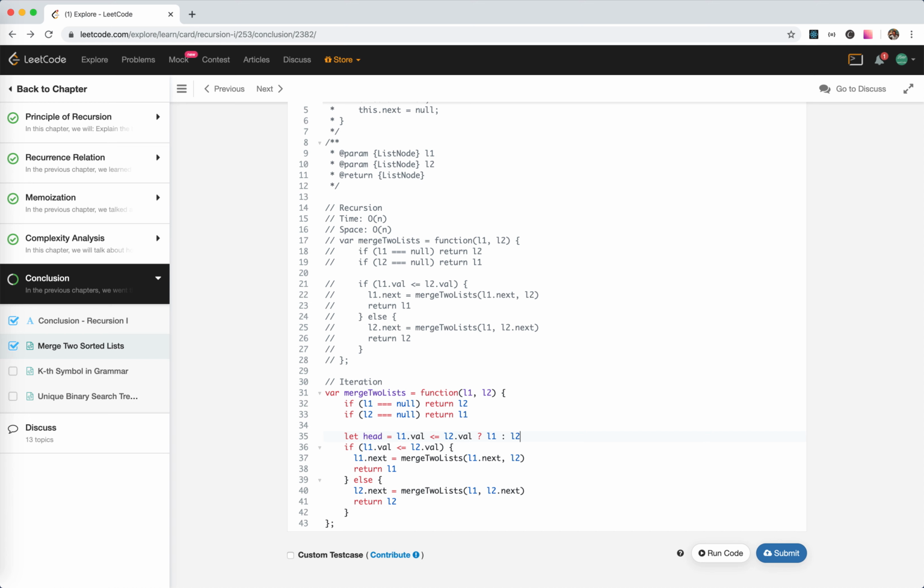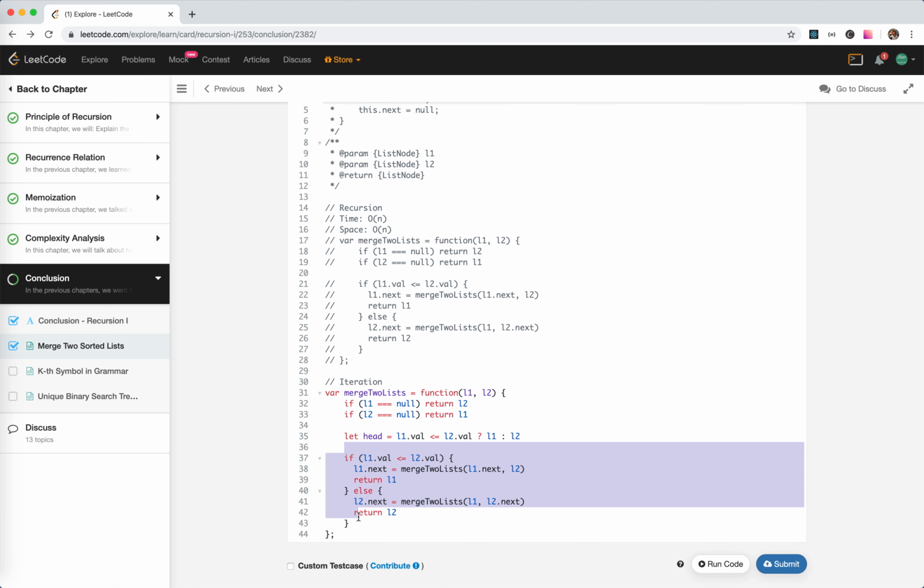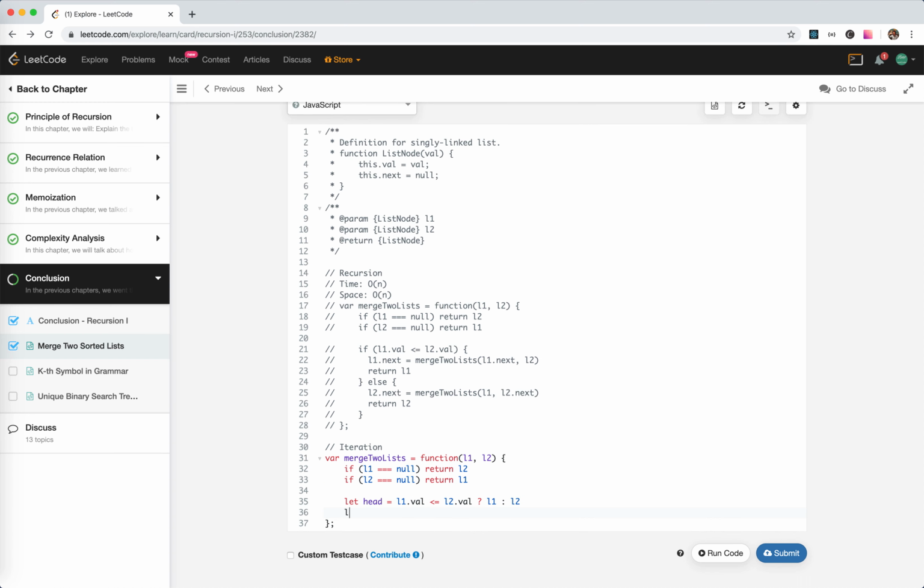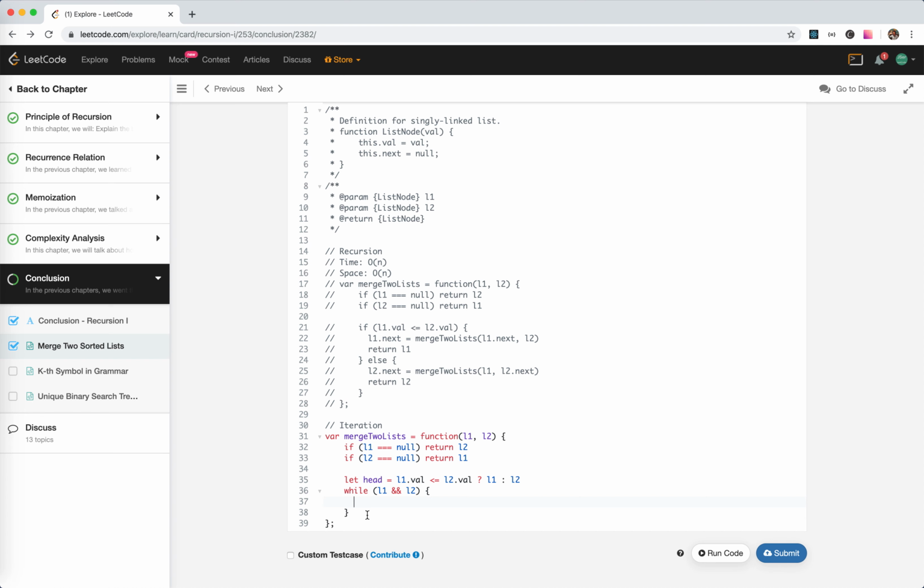If not, it's L2, right? Okay, we can just use L1 and L2. So while L1 and L2, if both of them are there, finally we'll return head.